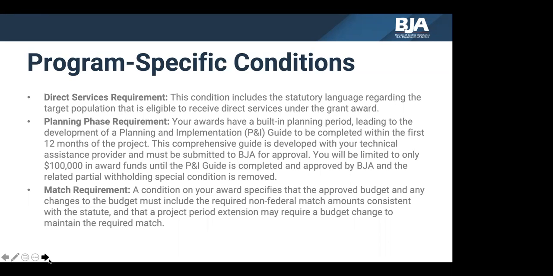Only then are you approved to move to the implementation phase. Note that all grantees will only have access to $100,000 in federal funds for completion of the planning phase, with the remainder released upon completion and BJA approval of the PNII guide.